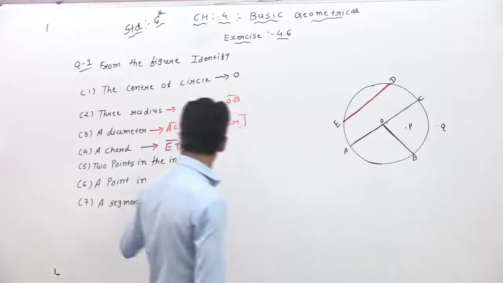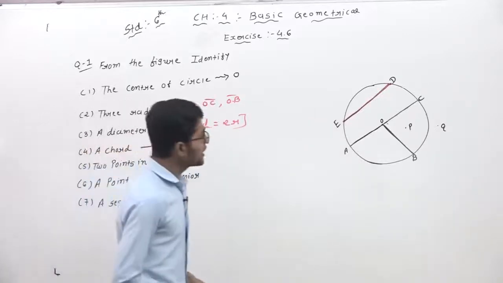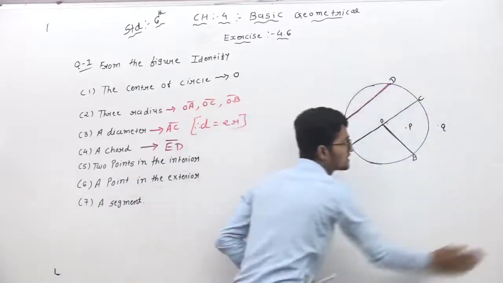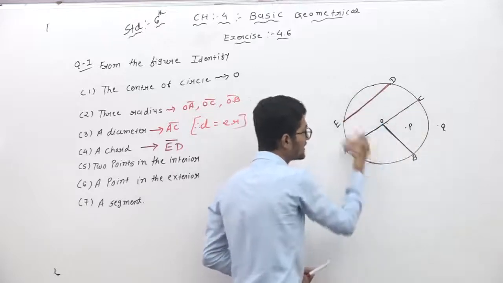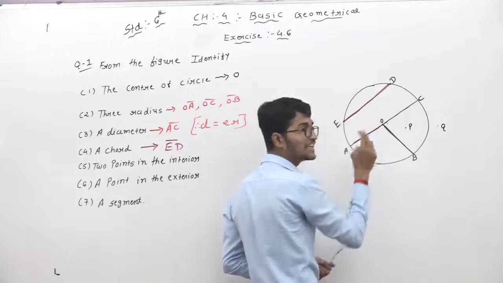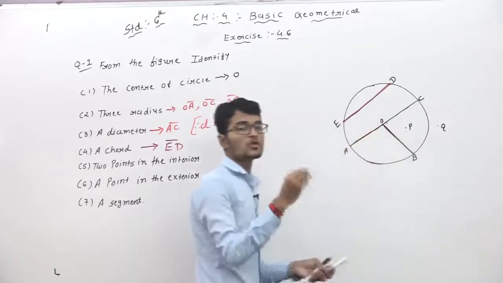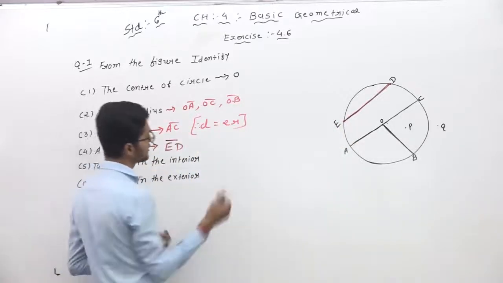Understand? So let's start the next one, the 2 points in the interior. This whole area is the interior portion and this is the exterior portion of the circle. The 2 points in the interior portion are O and P. इसके अलावा और कोई पॉइंट नहीं है जो इंटीरियर में है.